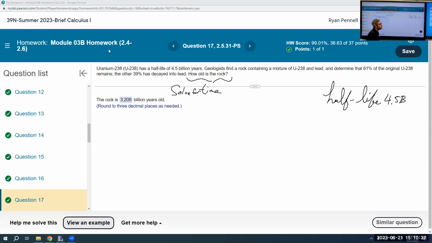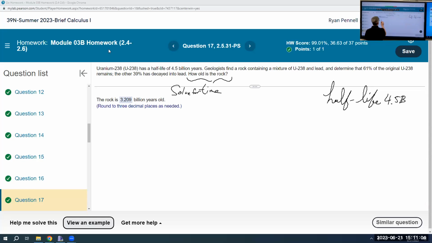I don't think we know the rate. We know the time, and we know how much is left. We're solving for time, but I don't think we know the rate. So I think we need to find the rate from the half-life, and then we can figure out time. We have to kind of build up to it.